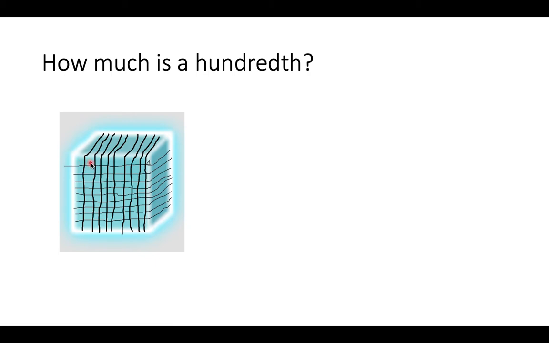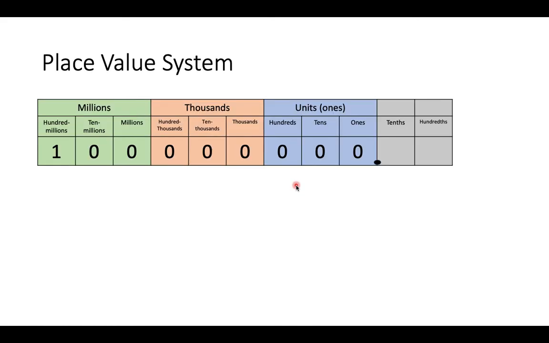That would be a hundredth, 2, 3, 4, 5, 6, 7, 8, 9, 10. It's difficult to even see because they're so small, right? But this is kind of what it would look like. This little tiny corner, I don't know if you can see that, that little tiny dot on this ones cube is a hundredth of it.